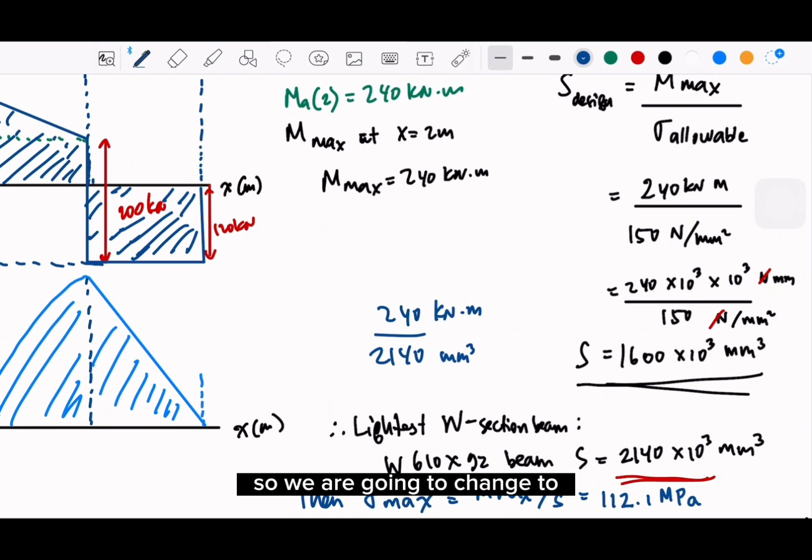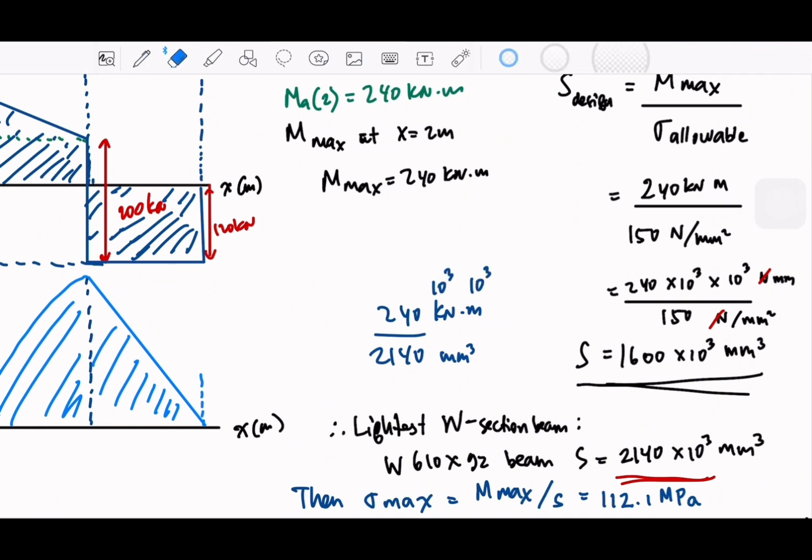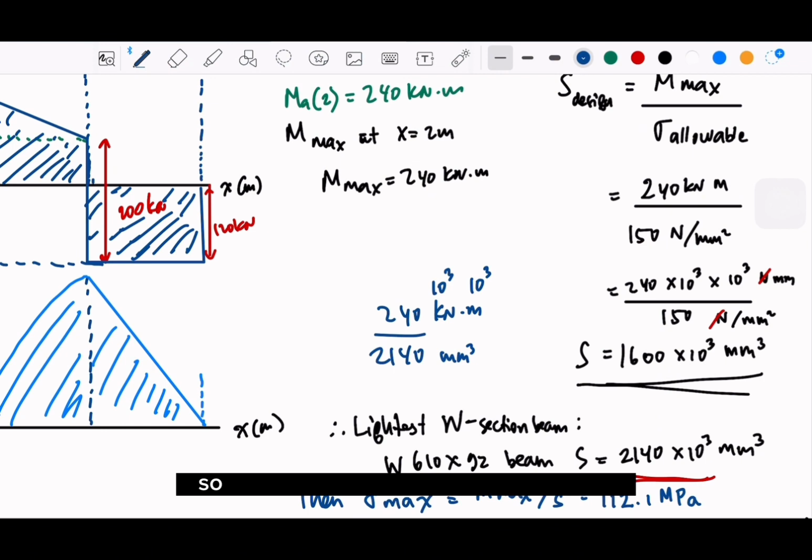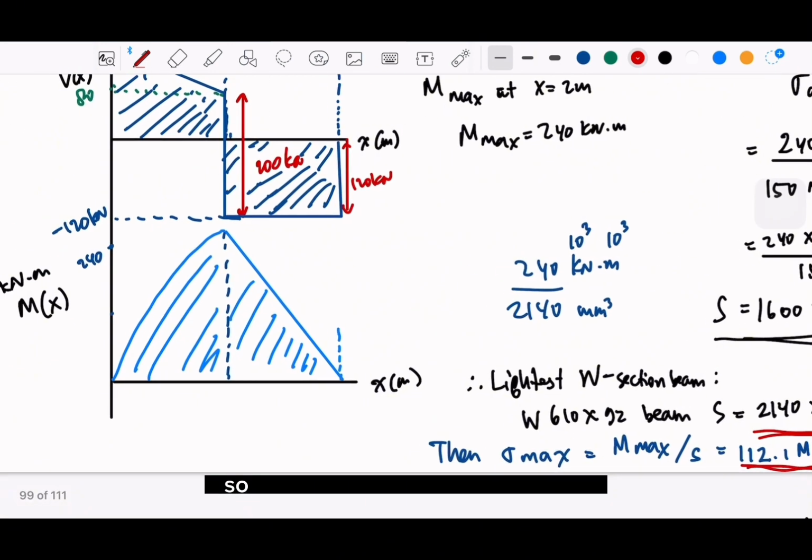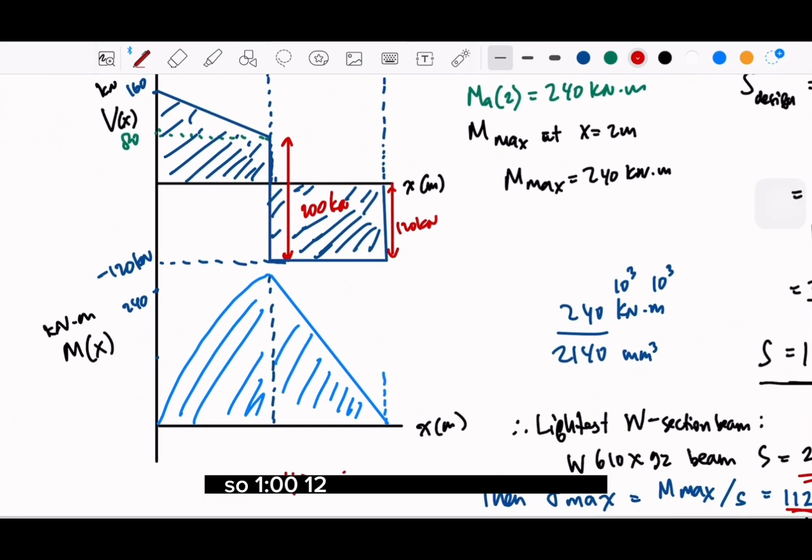So we are going to change this, multiplied with millions, right? I think this is quite logical because 112 is lower than the 150.